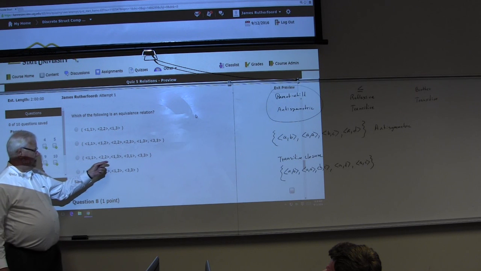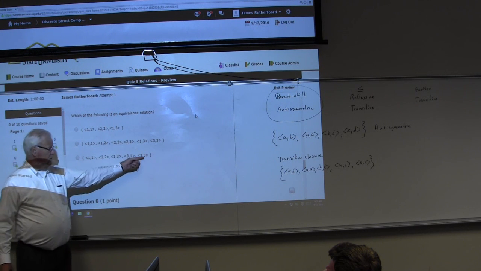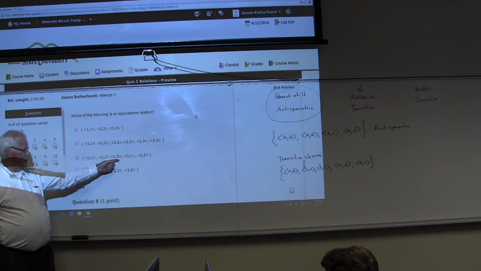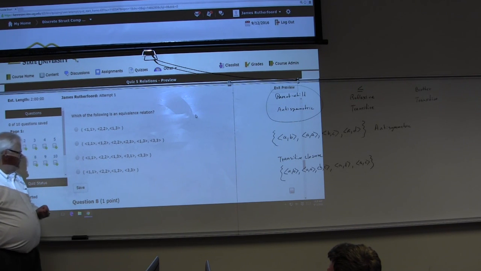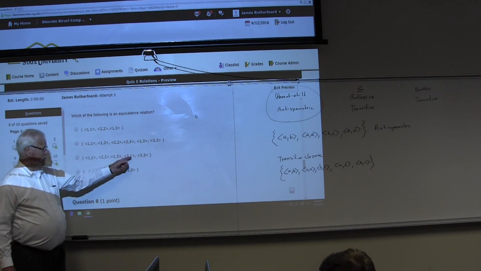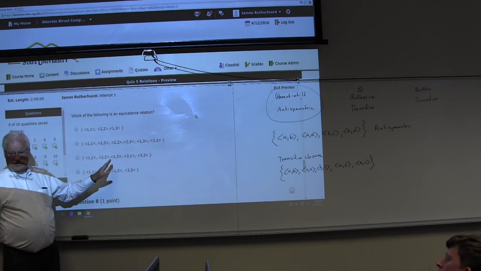Here we have the 1, 1, 2, 2, 3, 3. We have 1, 3. Do we have 3, 1? We do, don't we? Do we have a transitive string starting anywhere here? Some people look at 1 to 3, 3 to 1, therefore 1 to 1. That's not transitivity.